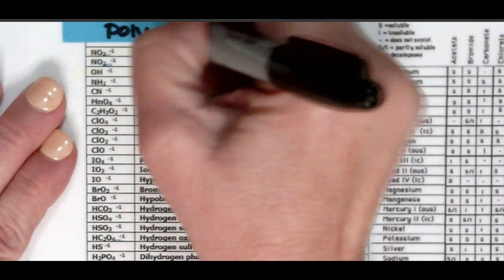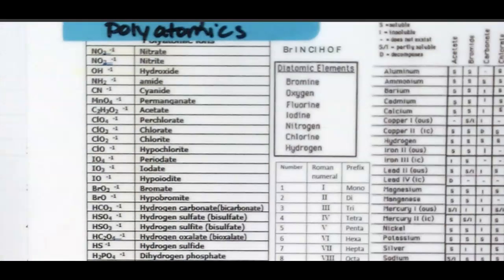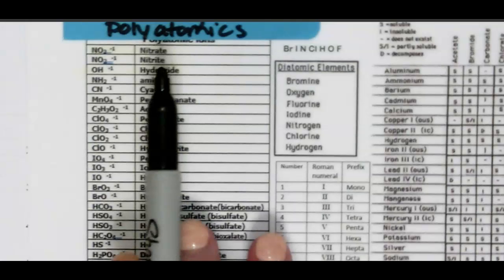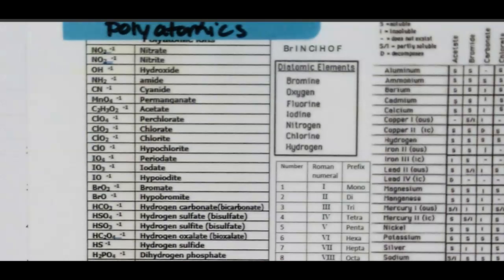I wrote that kind of low. So if you see the word nitrate given to you, then in the name, nitrate will be there. If it is nitrite, nitrite will be in the name. Hydroxide, hydroxide. You will never change these endings. So don't forget those things.